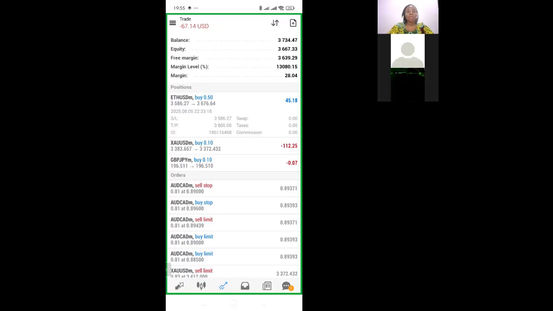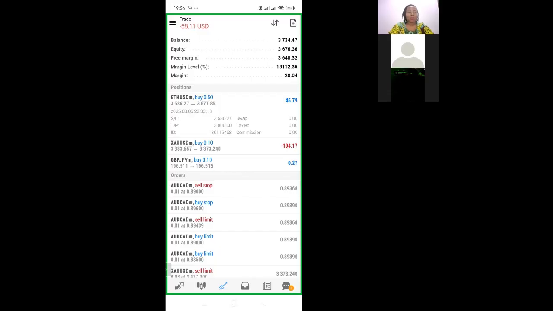You can only take out profit when you have more than one lot size, a minimum of 0.01, or in the case of Ethereum, at least 0.1. Ethereum on a lot of broker platforms comes as 0.1, which is equivalent of 0.01. So in this case, I have 0.5, which is equivalent of 0.05. So it has given me some profits.